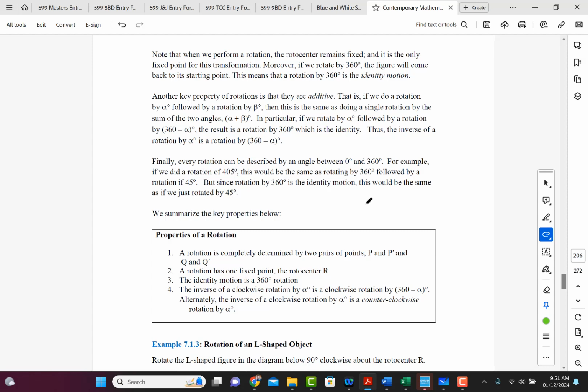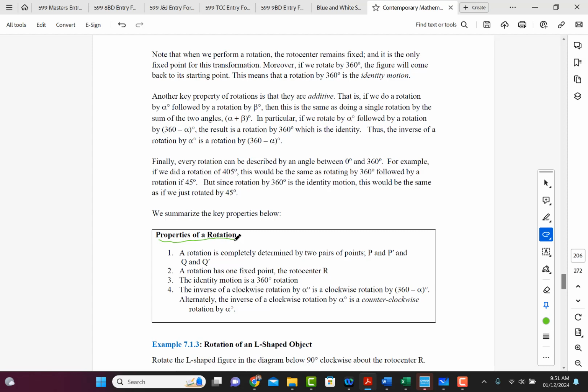Now we're going to summarize all of these properties below. Here are the properties of rotation. 1, a rotation is completely determined by two pairs of points, P and P prime, and Q and Q prime. 2, a rotation has one fixed point, the rotocenter R. 3, the identity motion is a 360 degree rotation. 4, the inverse of a clockwise rotation by alpha degrees is a clockwise rotation by 360 minus alpha degrees.